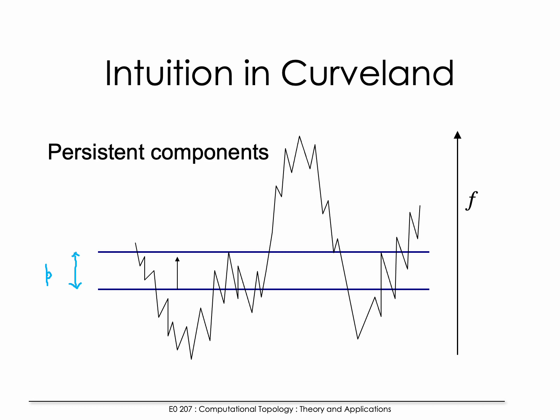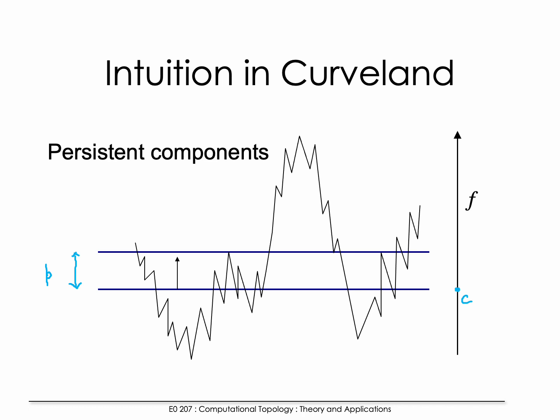So what this means is that I want to report only those components that are definitely going to live past the value of c for at least p amount of time, or in the direction of the function f.